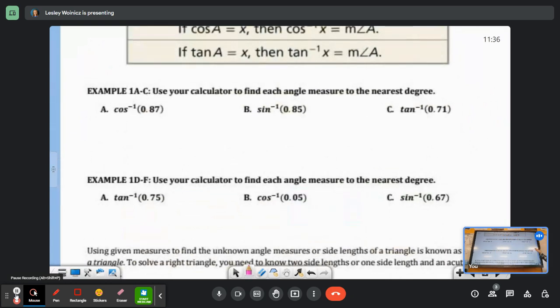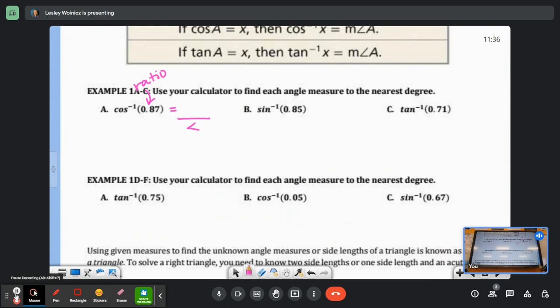So for these, all we have to do is plug these into our calculator. And what you need to know is that this is the ratio, and what you should get out is the angle. So if you're doing the inverse function, it's going to give you an angle as the output. So let's try that.